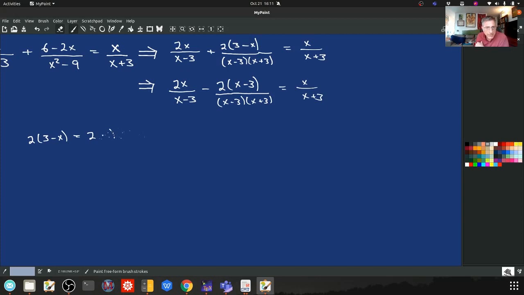So while I'm erasing this, go ahead and see if you can simplify this right here one more line. And it's actually really an easy simplification.